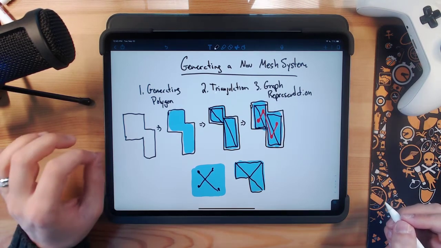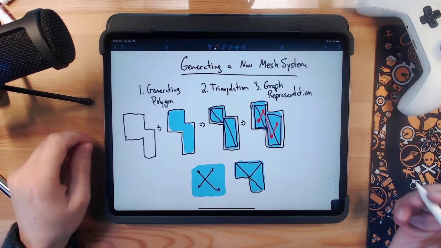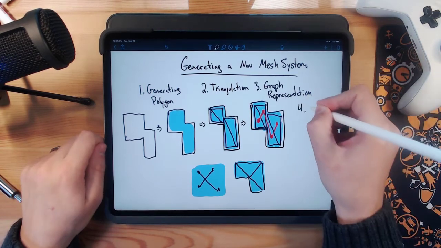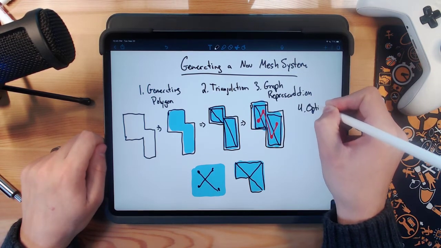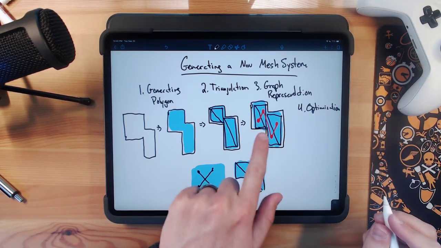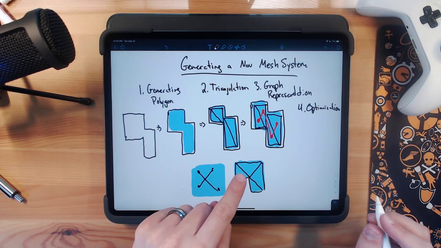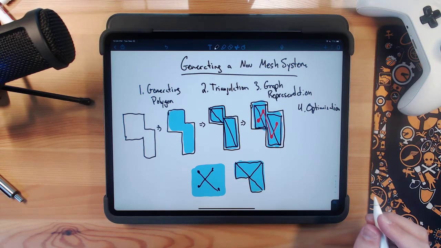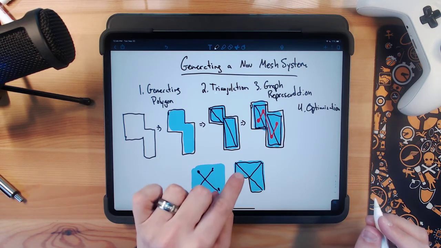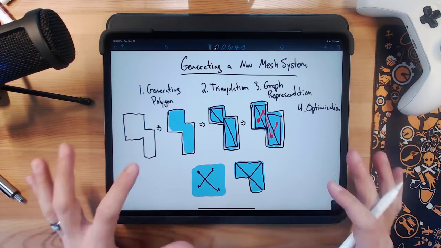Finally, the final step here, and this is an optional step depending on how ideal you want to make your pathfinding system, would be some sort of optimization. Now, this optimization would be essentially going through this process of taking a mesh that's broken up into various small triangles like this and eliminating triangles and turning them into convex polygons.